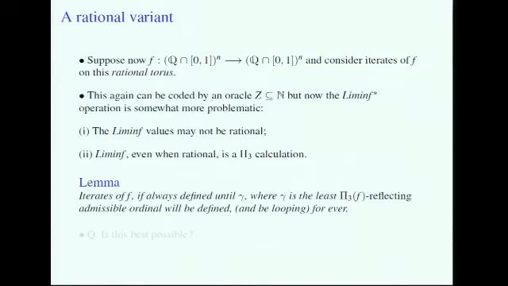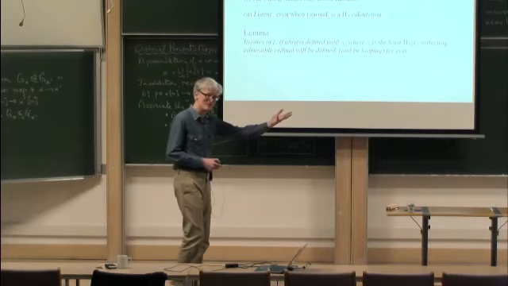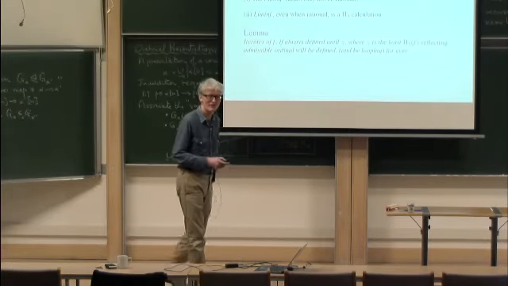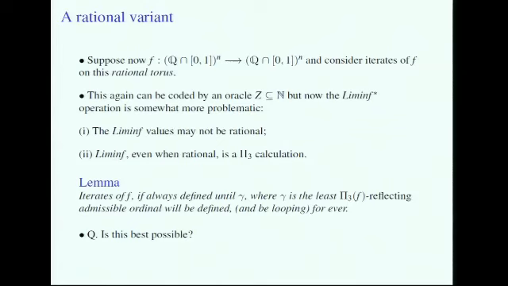If you've got an f on some starting n-tuple of rationals, if it does stay rational all the time without crashing, if you go up to gamma, where gamma is the least Pi 3 in f admissible ordinal, so it's Pi 3 reflecting, then if the machine has continued to this stage, it'll stay running without crashing, and indeed you're in an infinite loop by this stage. So this is a large admissible ordinal, but I have no idea if that's best possible.